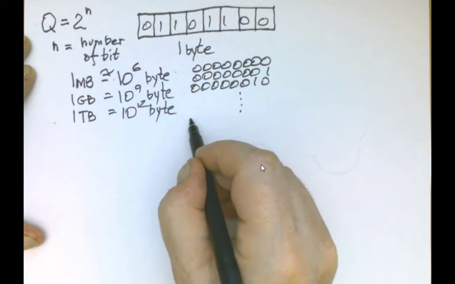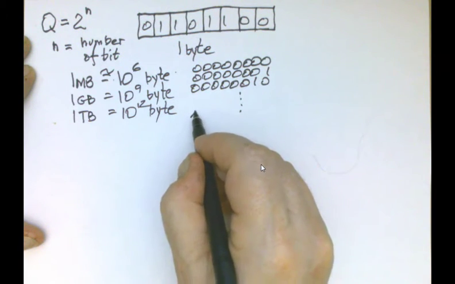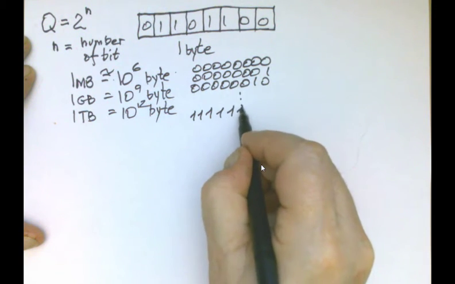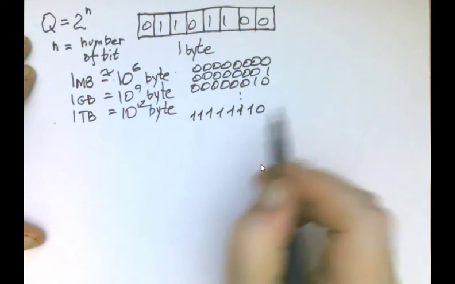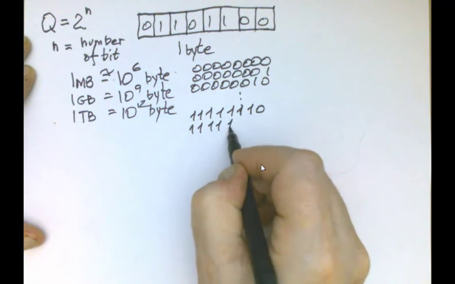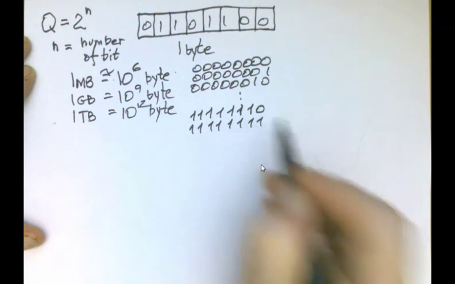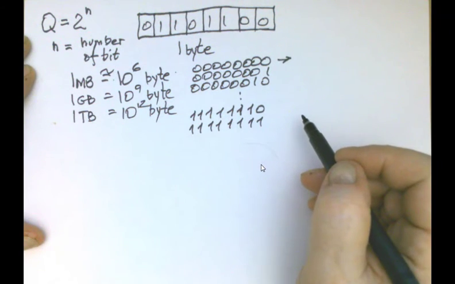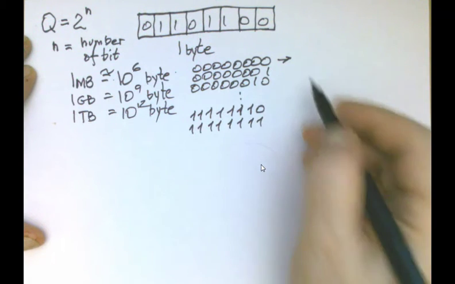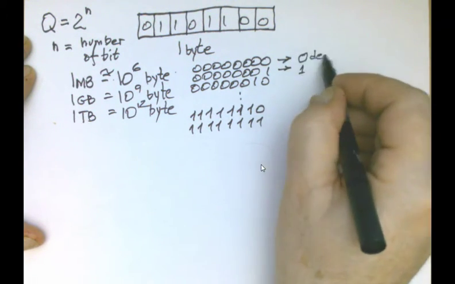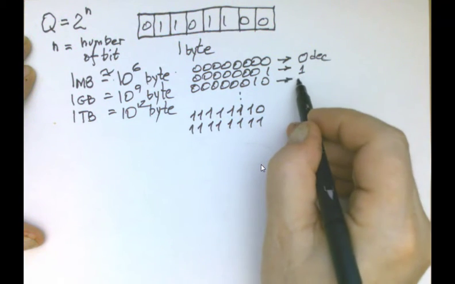And eventually my byte will look like 1111 1110, and the last one 1111 1111. You can check, as I told you, how to convert binary code into decimal. That will be 0, that will be 1 in decimal, that will be 2 in decimal.